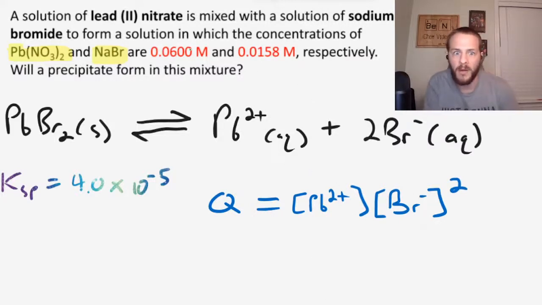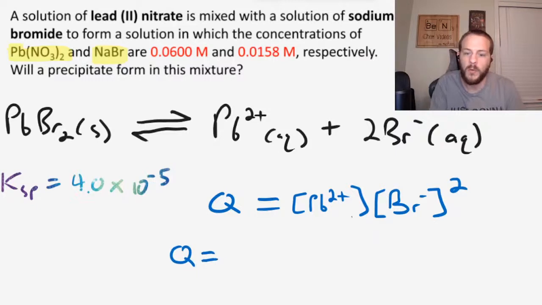We were given numerically these concentrations of lead ion and bromide ion. And so really all we need to do is plug them into this expression for Q and then compare that value of Q to K and figure out whether it's larger or smaller. So Q, in this case, is going to be equal to the concentration of lead, which would be 0.0600 molar, because that was the concentration of lead 2 nitrate right here.